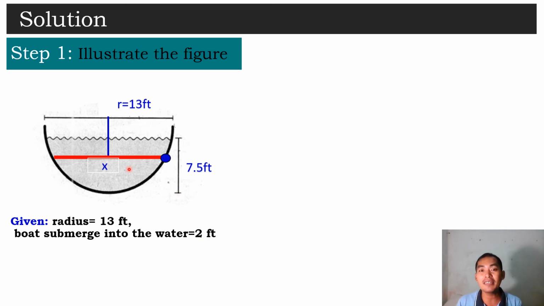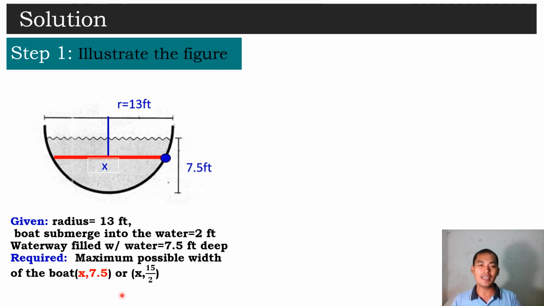So, 13 minus 5.5 is 7.5, ang gagamitin natin for y. And what is the particular value of x? Okay? 7.5. What is the maximum possible width of the boat? x, 7.5 or x, 15/2.